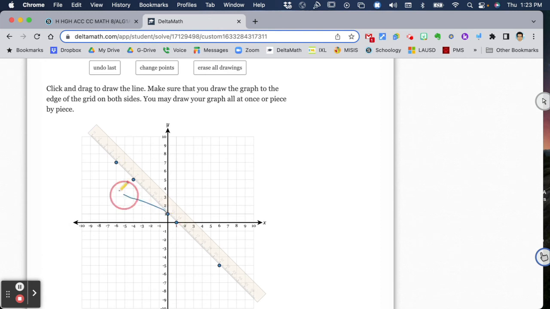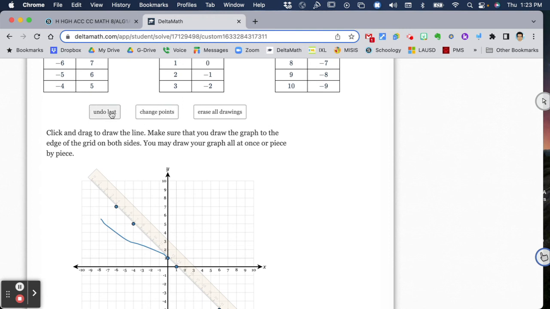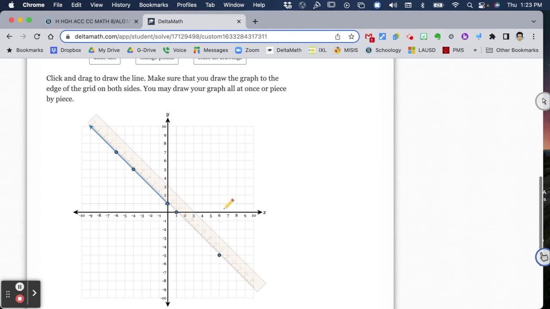So I just have to make the right... what did I do? If you make a mistake like I do, just go to undo last. I think this is going to be the hardest part for me. There we go.